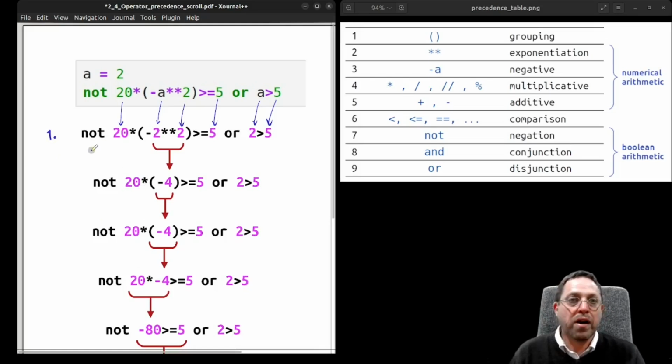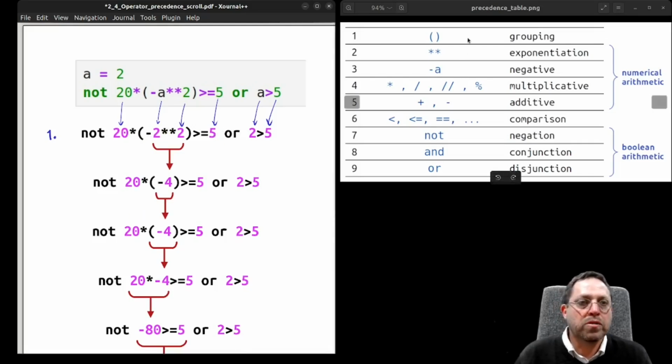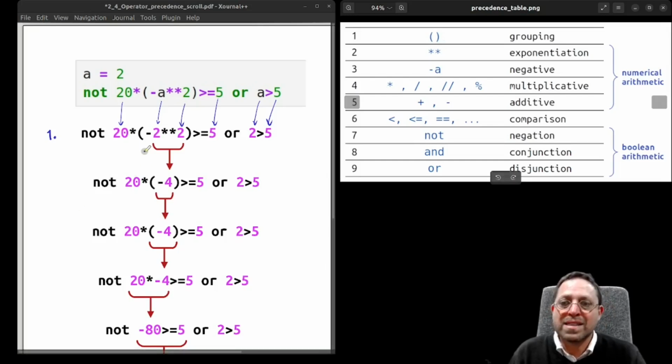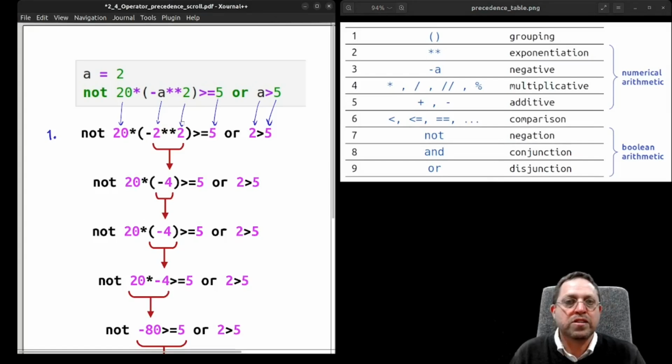And now we still have unresolved the not, this multiplication, parentheses, and so forth. When we go to our operator precedence table, we see that at the very highest priority we have to deal with the parentheses. So what's inside these parentheses? We have negative 2 exponentiation 2. And so that's 2 operators.